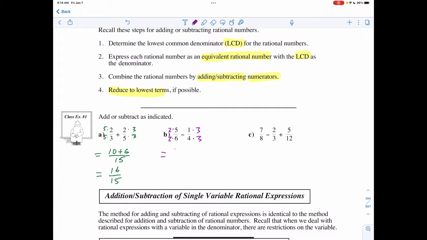That's going to give me 10. Be careful because there's a minus here, so it's going to be minus 1 times 3 is 3, and that's all over that LCD of 12. And if I take 10 minus 3, that's going to give me 7 over 12.